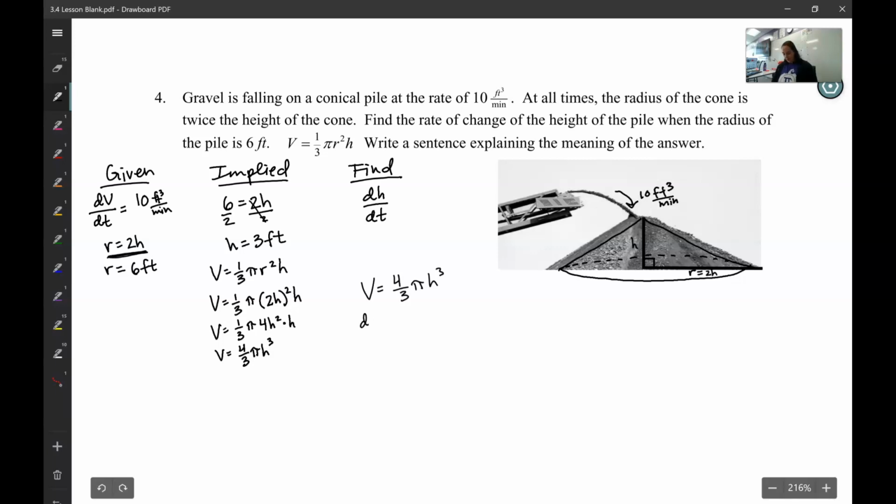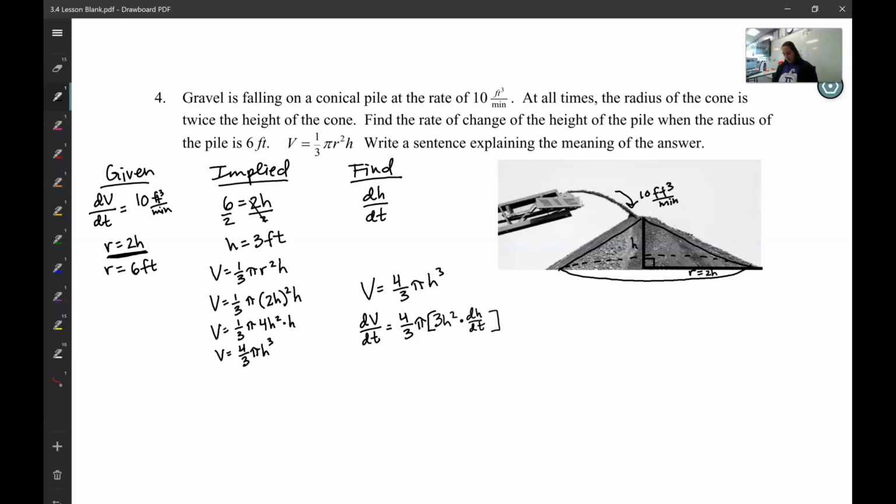Take the derivative of v, which is derivative of v with respect to t. 4/3 pi is just a constant, so I can take that out. And then I take the derivative of h, which is going to be 3h squared, times the derivative of h. And that should be my equation.